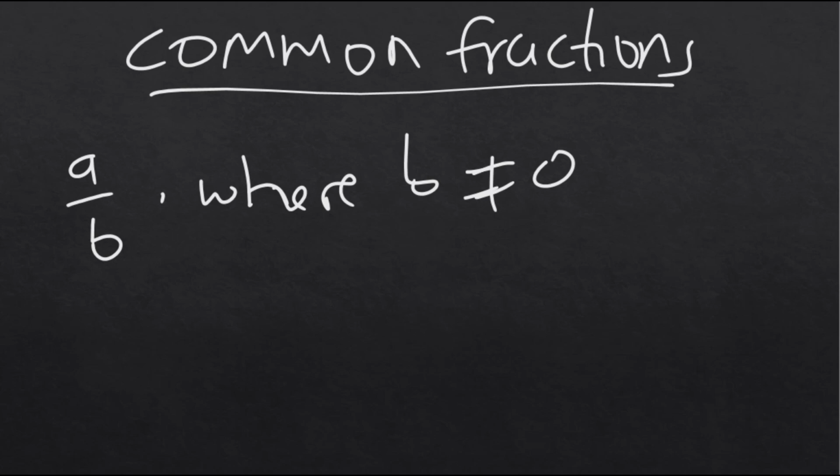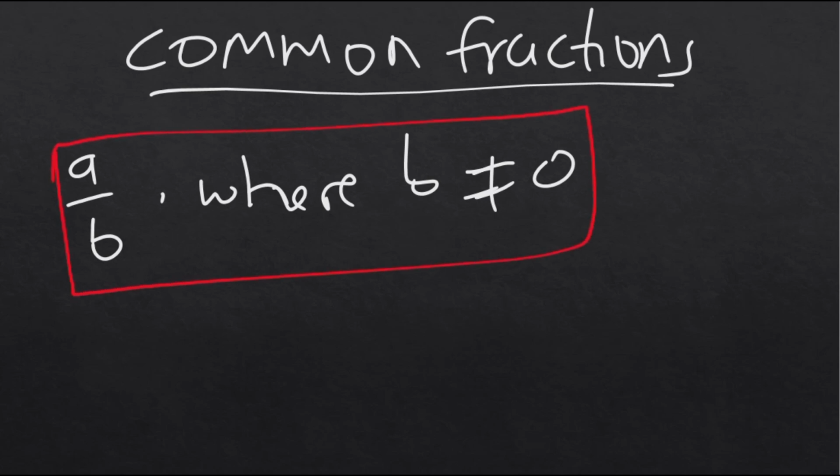And you can understand the reason. You can't divide by 0, so b cannot be 0. So, based on the structure of the fraction, based on how it's written, we call it a common fraction. That's why I classified it under the structure. So it's written as a over b, and that's a common fraction.